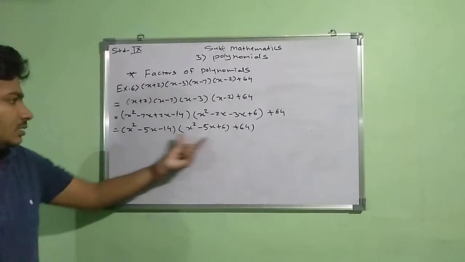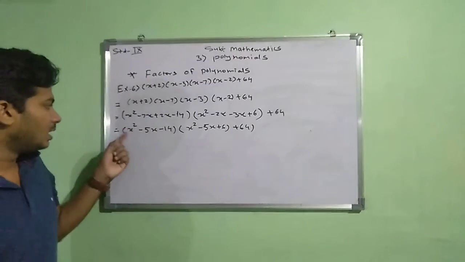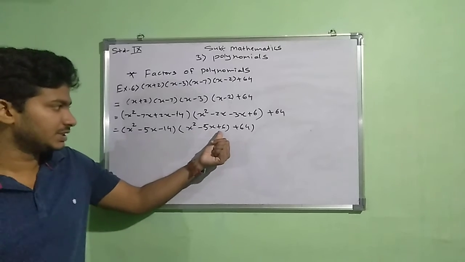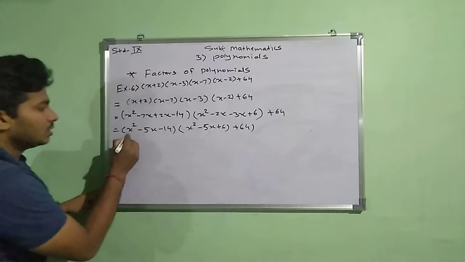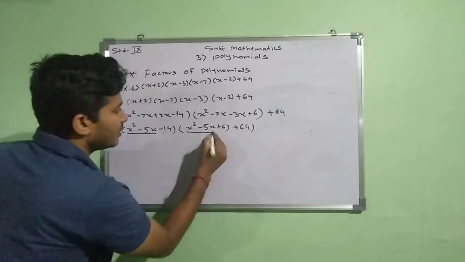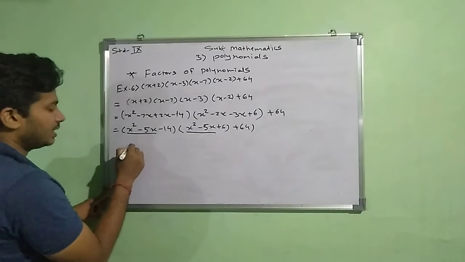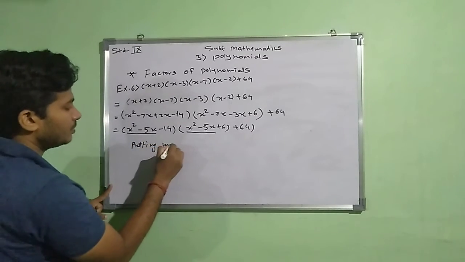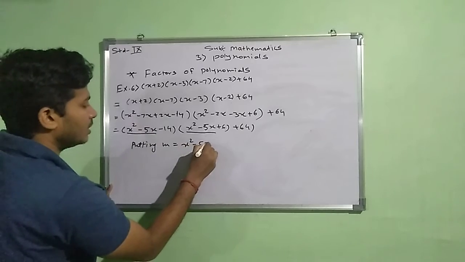Now if you look at the first and second bracket, x square minus 5x minus 14, x square minus 5x plus 6, we can take x square minus 5x as m. That means putting m is equal to x square minus 5x.